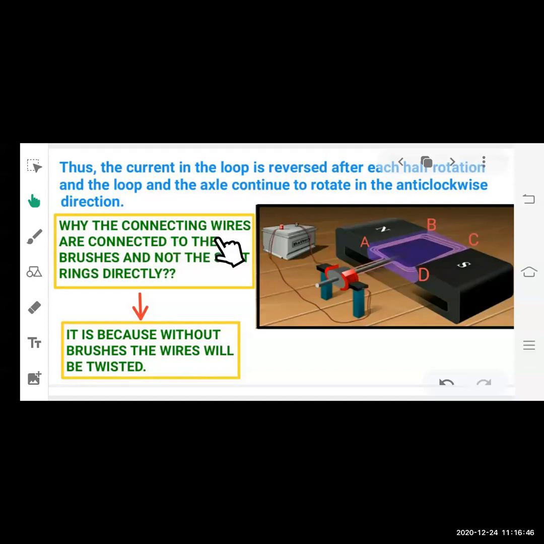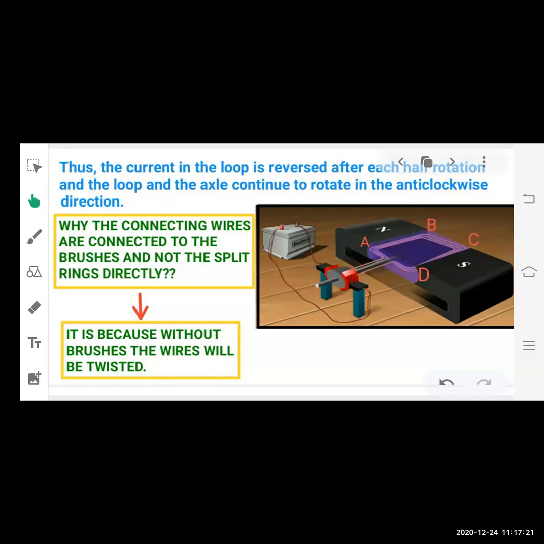So one more question arises here: why are the connecting wires connected to the brushes and not to the split rings directly? You can see here these brushes are in between these two. Why are the wires not connected to the split rings directly? Because if the split rings are connected directly to the battery, then after every rotation, along with the rotation of this armature coil, the wires will also rotate, and because of this the wires will get twisted.